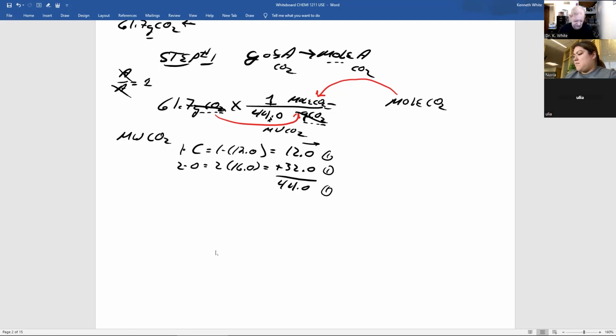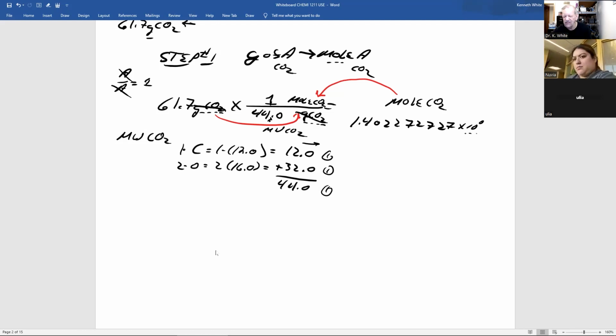clear it. And it gives me this huge number. Not huge, a lot of significant figures that are really not correct for this problem.